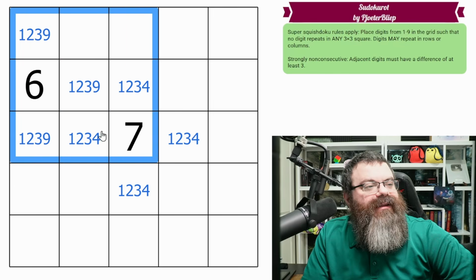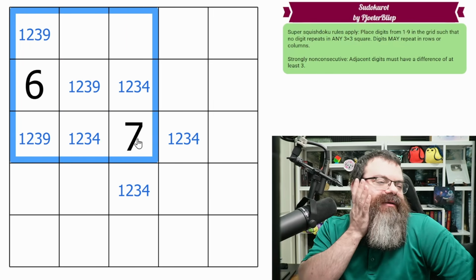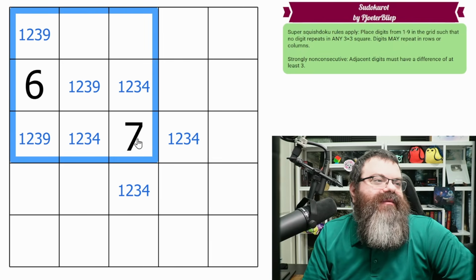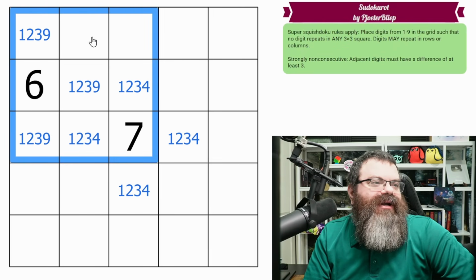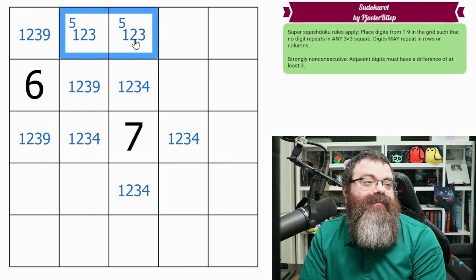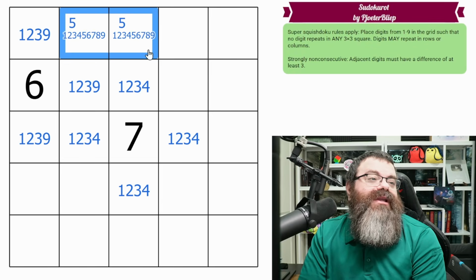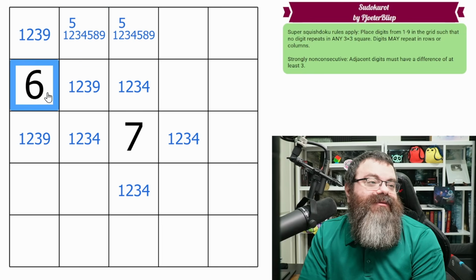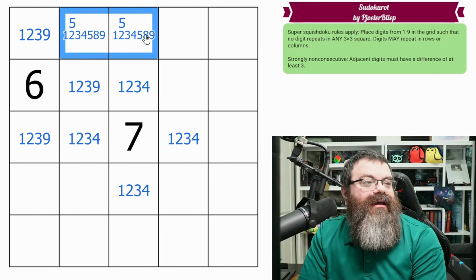What do we want to do with that? What about, okay, so 5, for example, needs to be in this 3x3 somewhere, and it's only up here somewhere. Now, because we know 5 is involved in one of these two, I'm going to put 1 through 9 here. They can't repeat the 6 or the 7 because they're already in that 3x3 area.